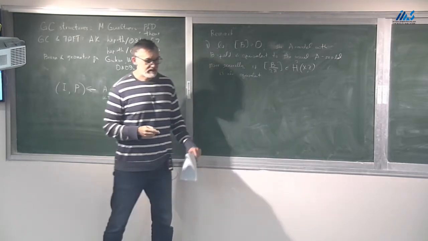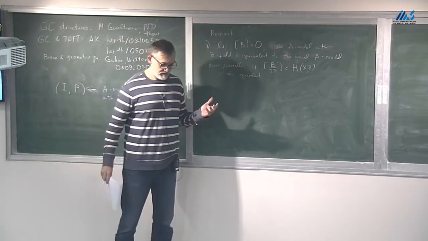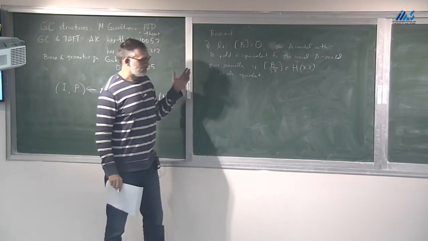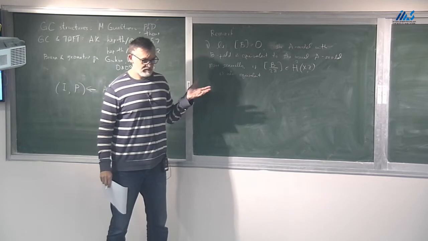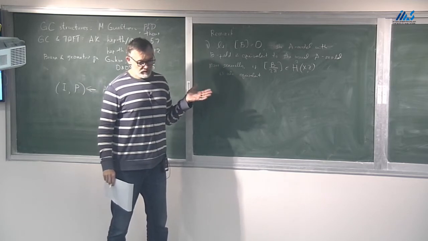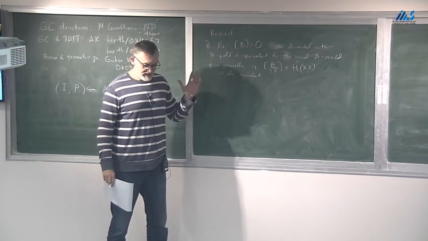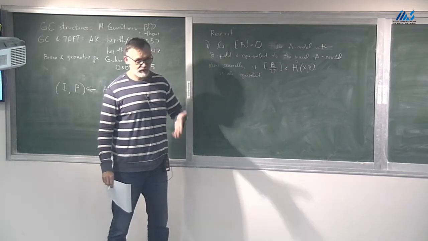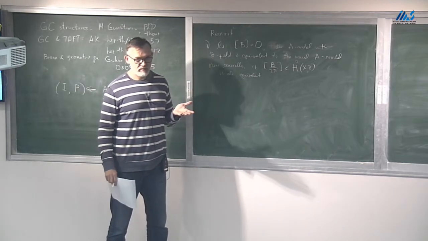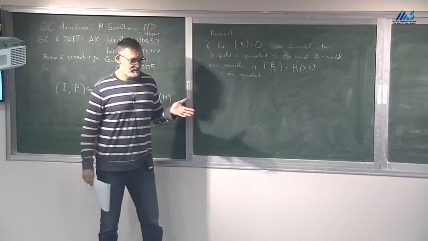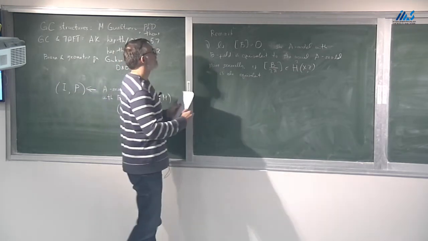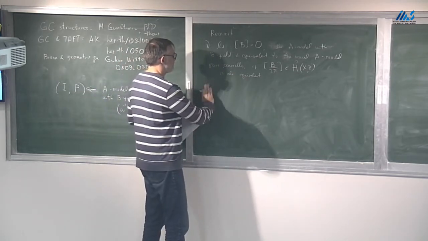So now, what it means is that, remember, in the case when we thought about this A model with a B field, our basic brane was this coisotropic submanifold, just the whole target space manifold with trivial connection on a trivial bundle.